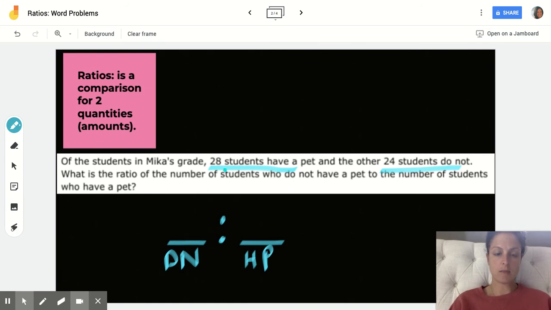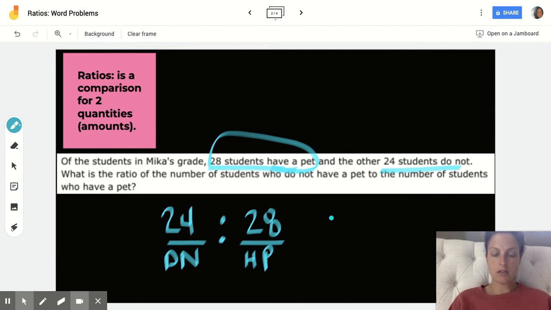If I look back at my data again, it says 28 students have a pet. So there's that HP, 28 students have a pet. So we're going to put that here. And then we have 24 students who do not have a pet. Based on the question, this is the order I need to write it.